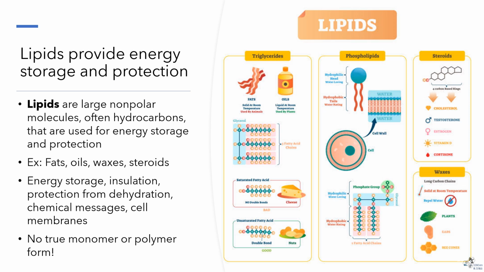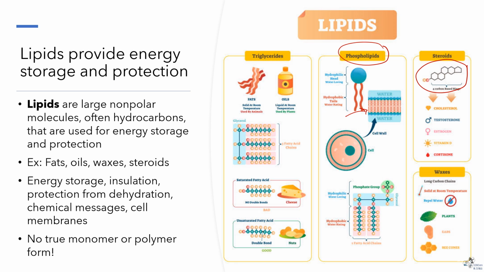So we have lots of different uses for them. We even can use them as chemical messengers within the cell. We're not really going to talk about too many of these. We're going to talk about the phospholipid that makes up our cell membrane. Otherwise, the rest of them just know that they store energy or they act as signal molecules like our hormones.